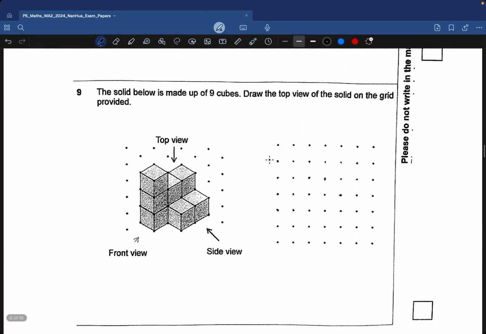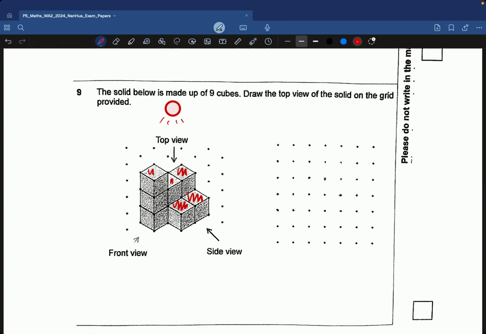The next part is: the solid below is made up of 9 cubes. Draw the top view of the solid in the provided grid. So if you were to, for example, shine a light from above, the light is the sun over here, what will be shaded? You have this, this, this, this, and this.